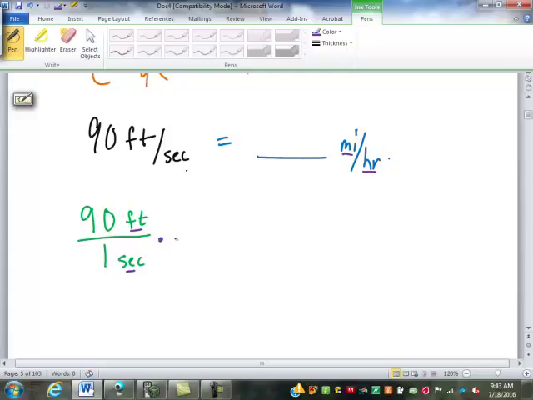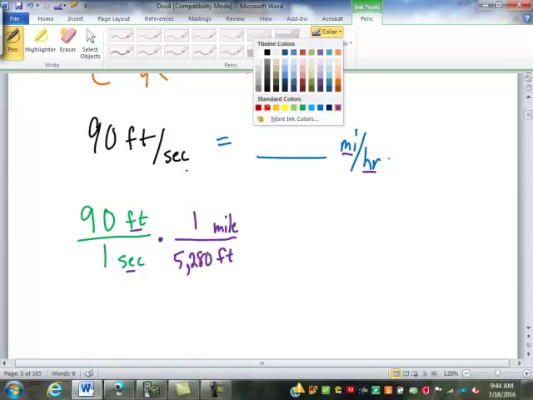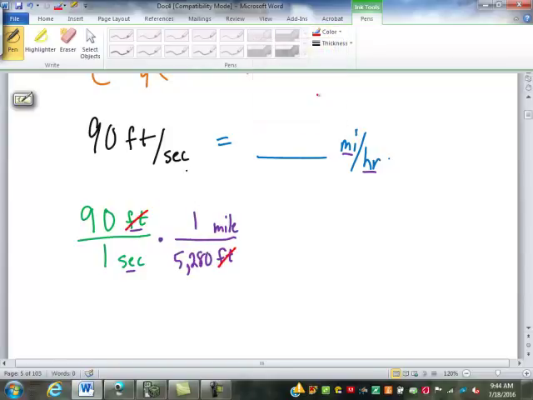I'm going to start out with my feet, so I'm going to put feet on bottom here, miles on top. 1 mile is 5,280 feet. So now my feet have canceled out and are gone. But right now, technically my units would be miles per second. That's not what I want. I want miles per hour.